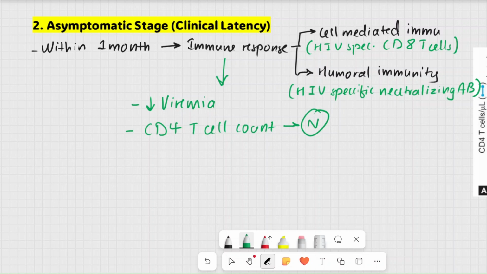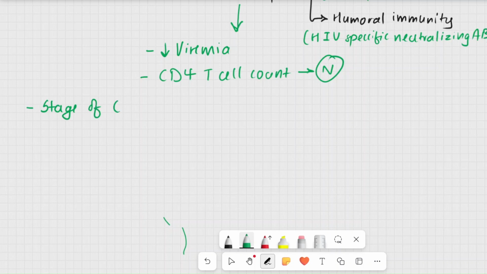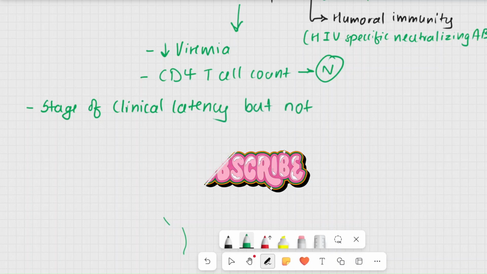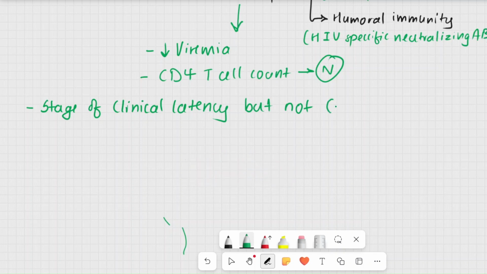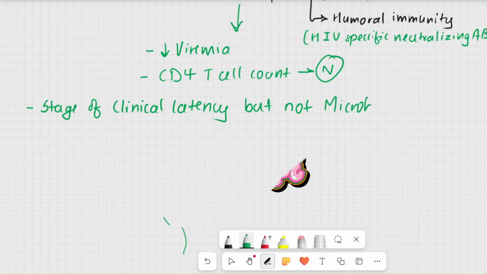Now please remember this important point that I want to highlight with respect to the second stage, that this stage over here that we are describing is a stage of clinical latency, but not a state of microbiological latency. What do you mean by this thing?